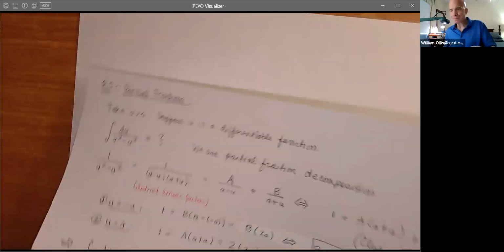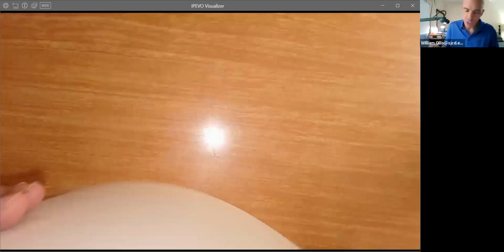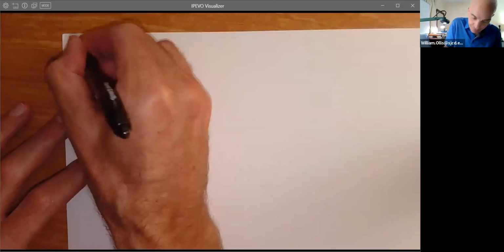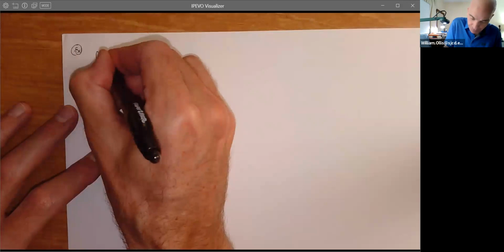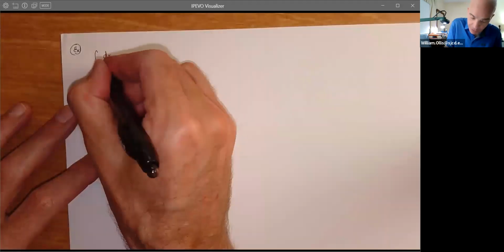So what are we doing here? In general, okay, here we go. So if we were going to do an example, let me just give you a simple example with this. Say you had this. And we'll just use our integral formula. Say we had something like this.